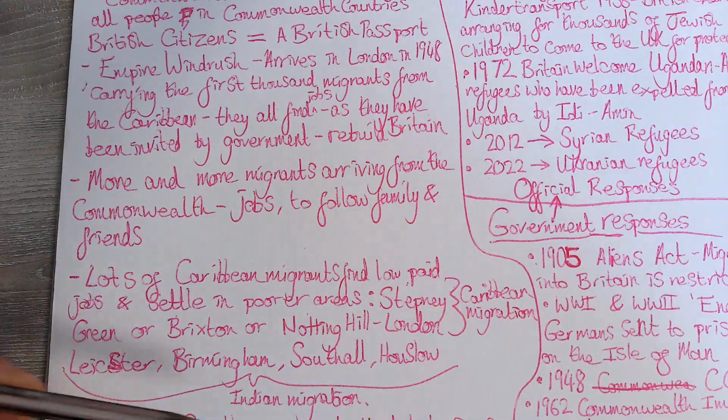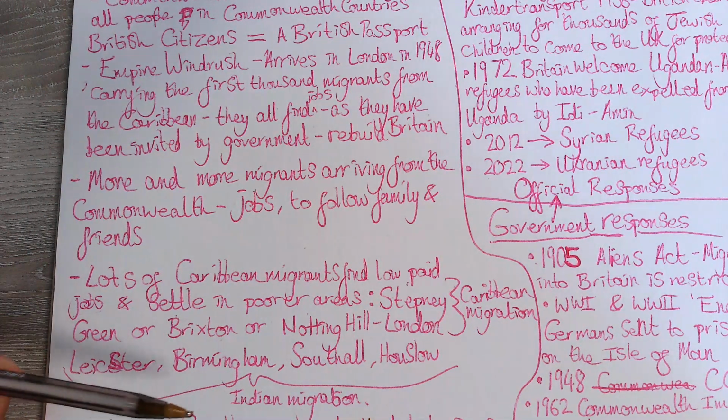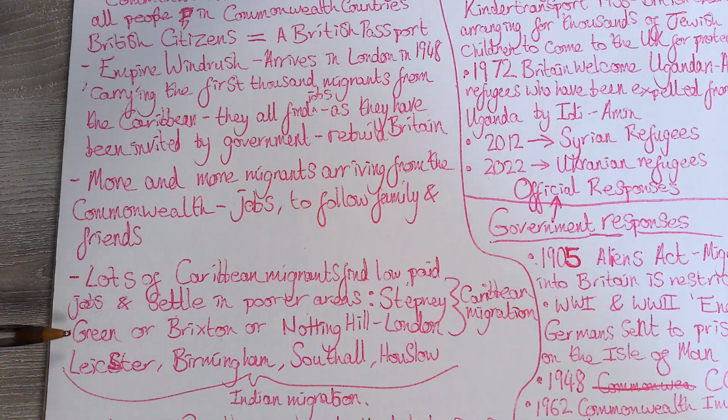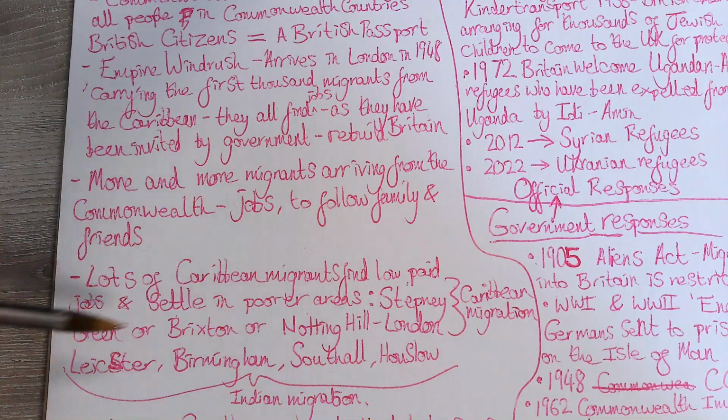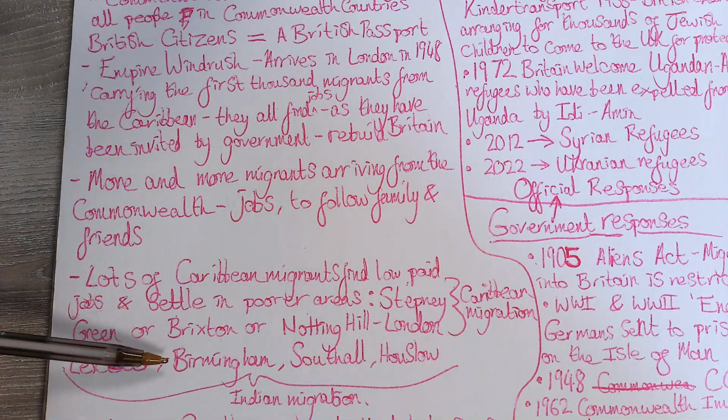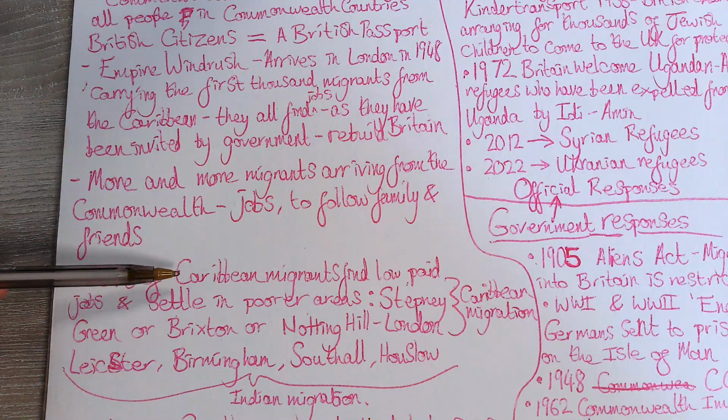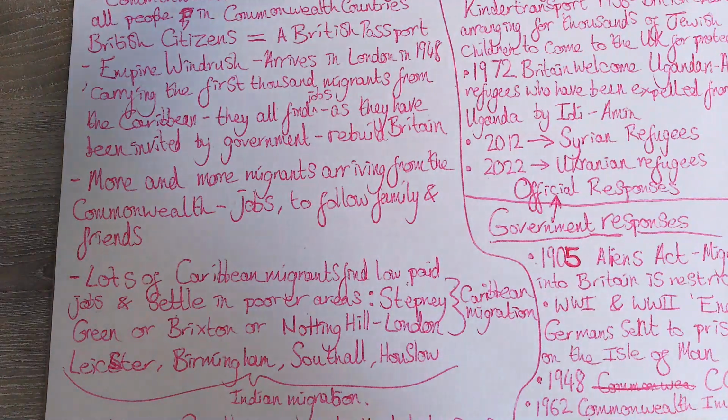Similarly, we see lots of Indian migrants, and by that I mean from Pakistan and Bangladesh as well, settling in cities like Leicester and Birmingham, or areas of London like Southall and Hounslow. Birmingham also, by the way, along with Liverpool, Manchester, other cities, is a real hotbed of Caribbean migration as well.